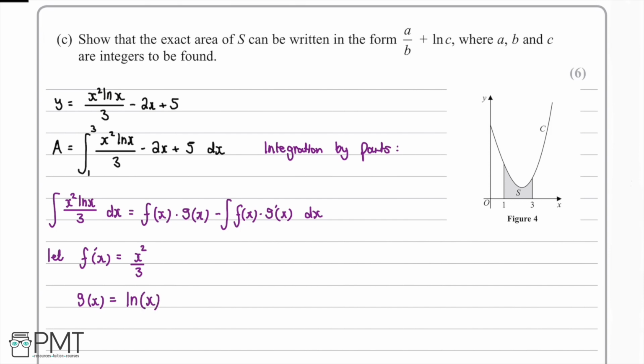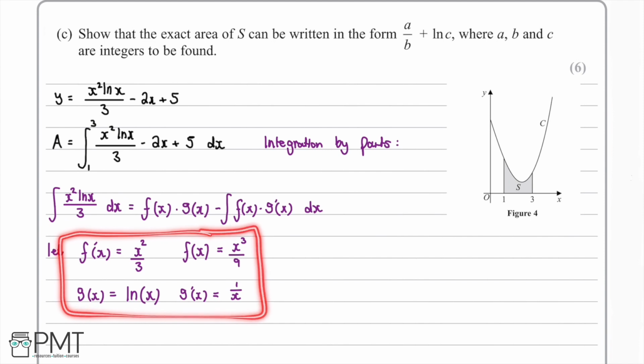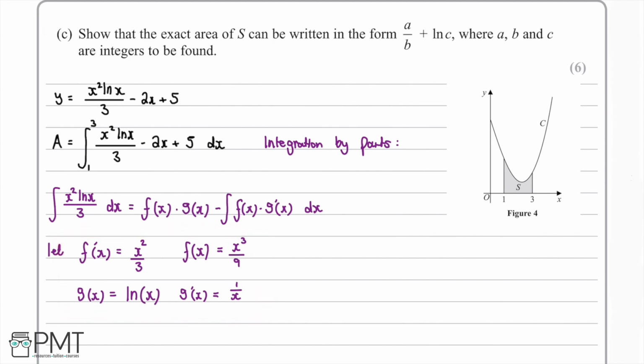Then we can work out f of x by integrating x squared over 3, and this comes out as x cubed divided by 9. We can then work out g dash of x by differentiating ln x, which we know is going to be 1 over x. So we can then do our integration by parts by taking these expressions and substituting them into our formula.